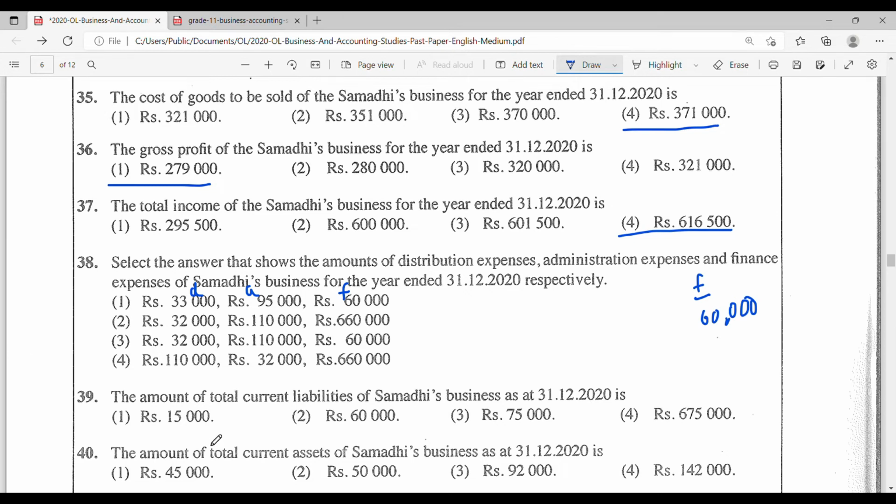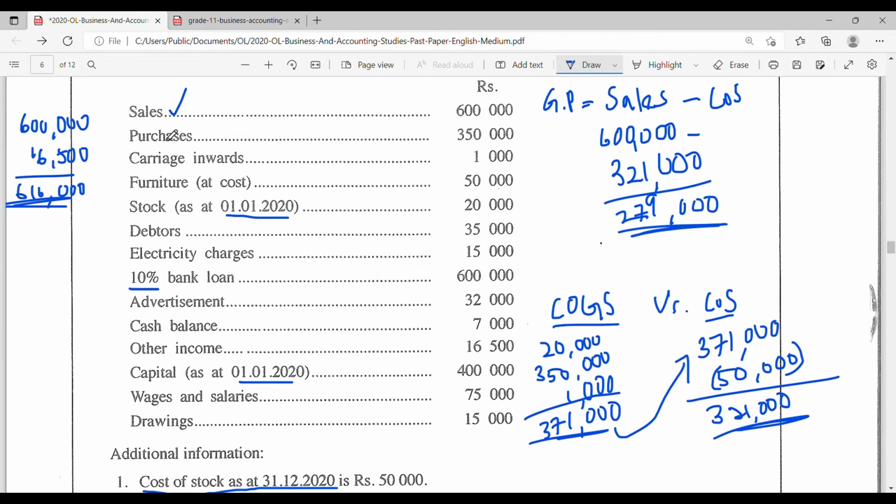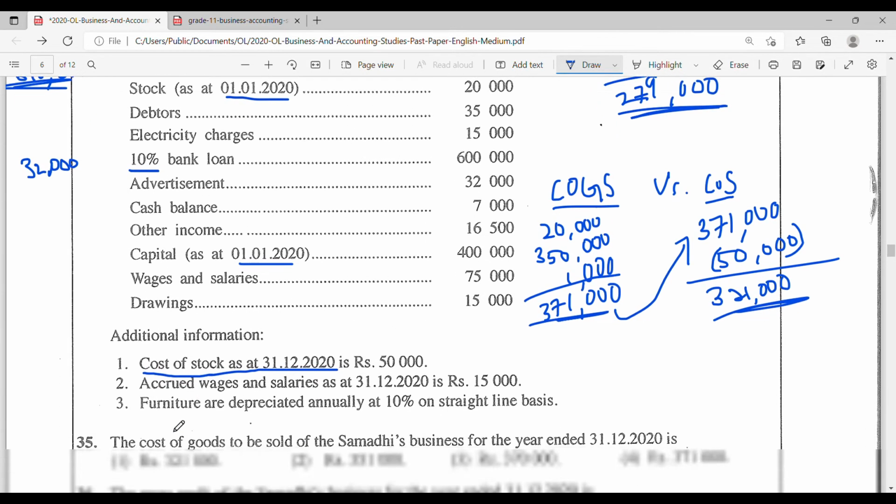Then let's move on to distribution expense, the very first expense we have. What is the distribution expense of this business? So sale, purchase, furniture, stock, electricity charges not relevant to distribution. Advertisement is relevant for distribution. So there you have 32,000 coming in for distribution. Other income, wages and salaries, drawings. Okay, nothing else.